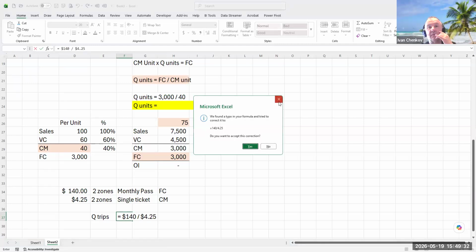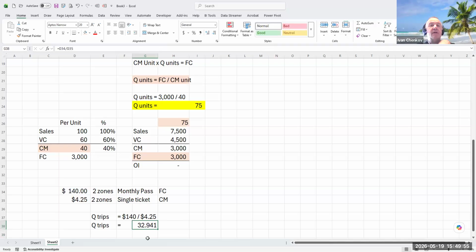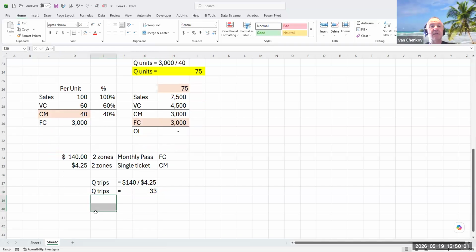Let's change this because it's going to bother me and ask me all the time for this formula. So the number of trips that you have to take is going to be equal to 140 divided by 4.25, which is 32.941, or if we round the numbers, 33 trips. What that means is that if you ride the SkyTrain 33 times per month, it makes sense for you to get the two zone monthly pass.